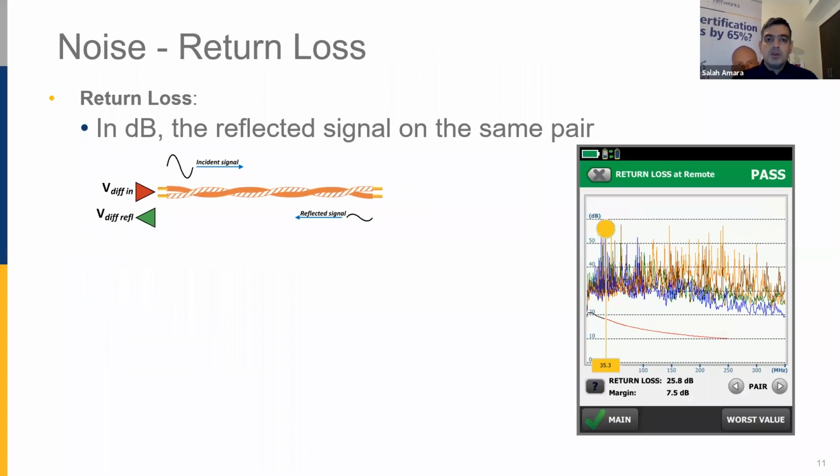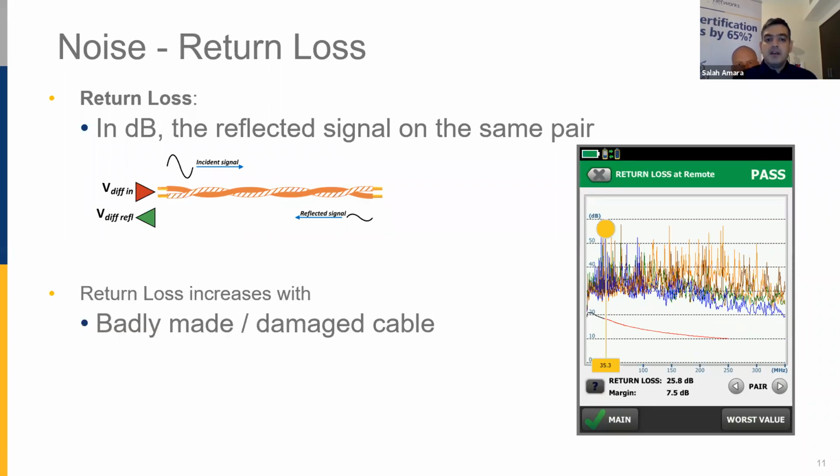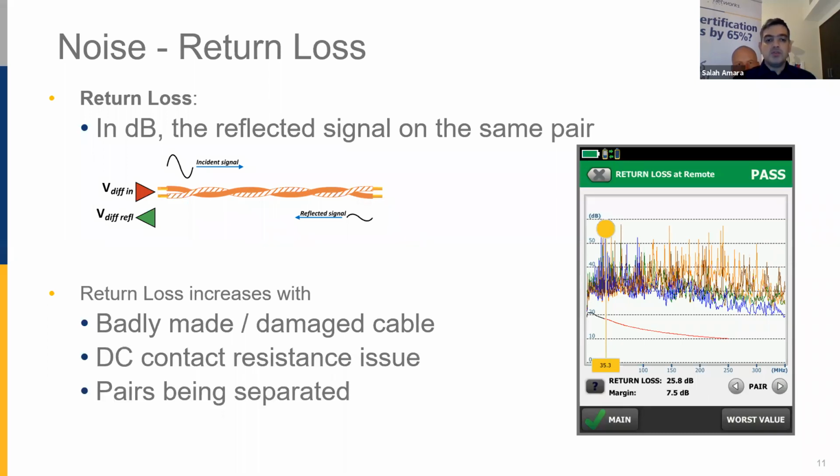Now, in the first slide we talked about the signal. Now we are talking about noise. The first parameter in the noise is the return loss, the reflected signal on the same pair, so on the same side, not on the other side of the tester. The return loss will increase because of badly made or damaged cables, DC contact resistance issues, pairs being separated, or water in the cable.